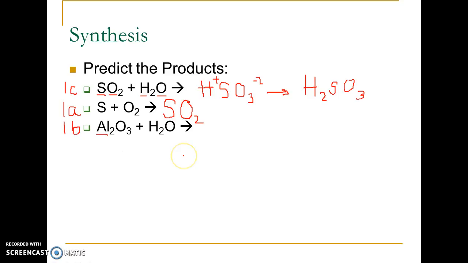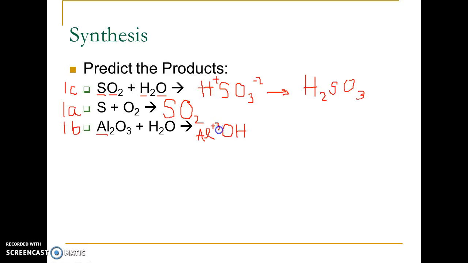Now our 1B chemical reaction is going to produce a base. Remember I said that bases have hydroxide in them at the end of your chemical formula. So here's hydroxide, and I'm going to pair it with my metal, which is aluminum. Now since this is an ionic bond, we have a metal and a polyatomic ion, I do have to check their charges to make sure they balance out to equal 0.